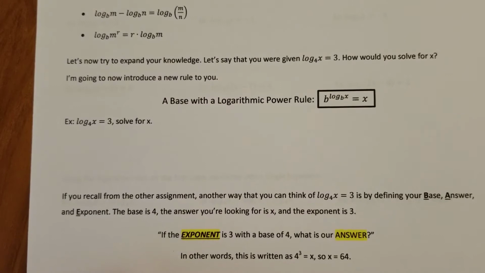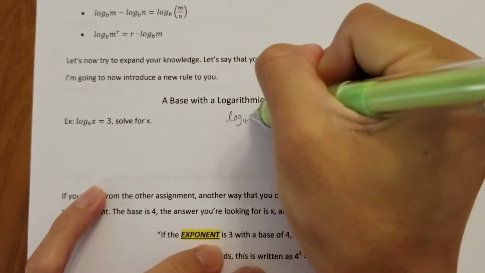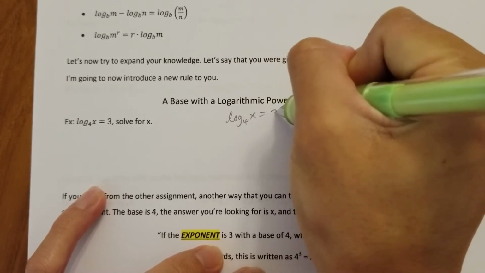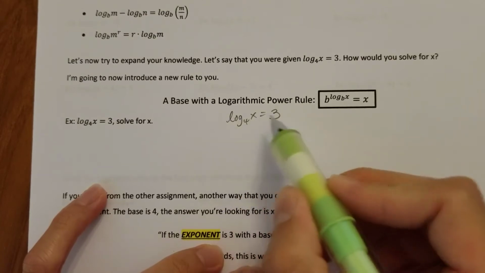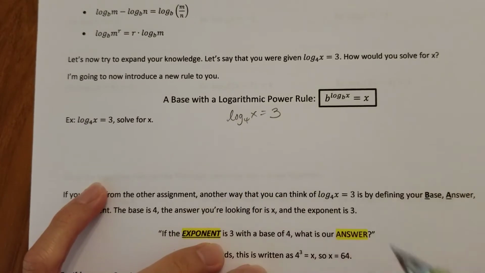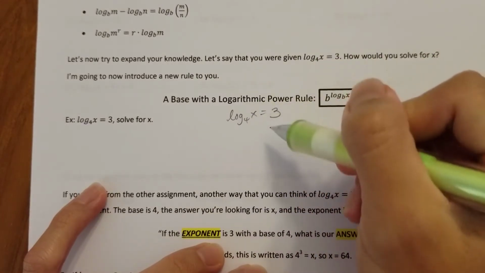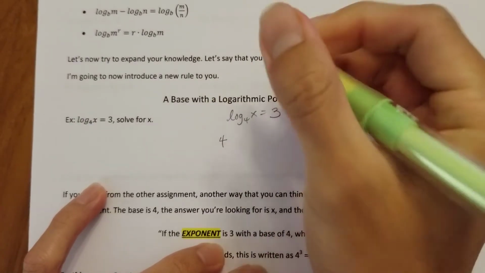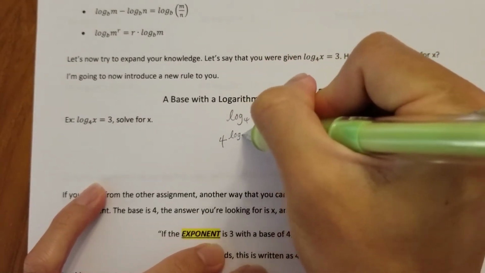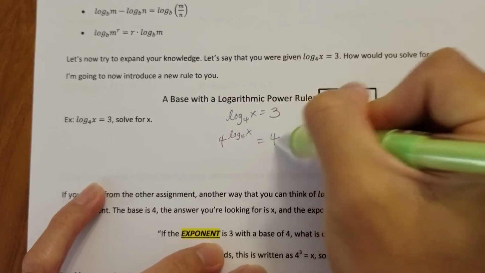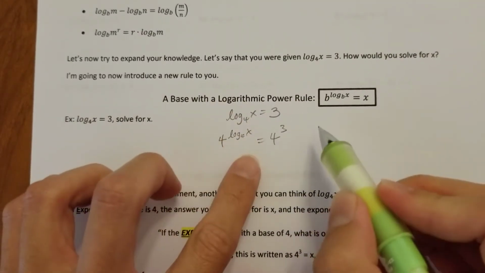Let me write that here: log base 4 of x equals 3. What we want to do is raise both sides with a base of 4. We want to rewrite the expression with a base of 4 on both sides, so we rewrite the same thing, but we put 4s underneath.